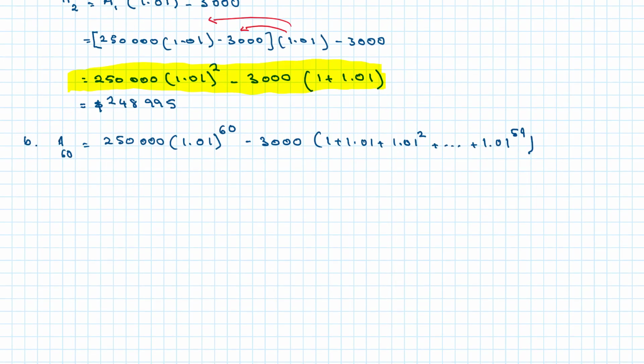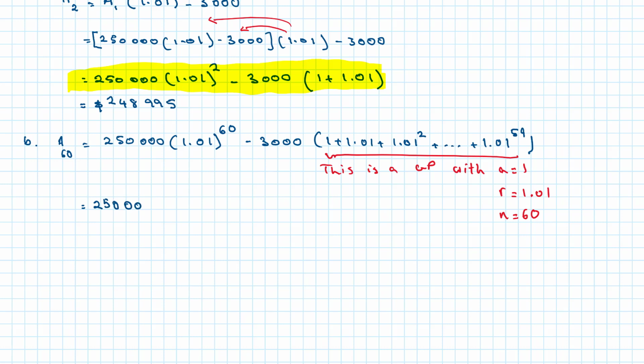As always, we then need to state that this is a geometric progression. A is 1, the common ratio is 1.01, and the number of terms is 60. Then I can use the sum of a geometric series to calculate my final answer.